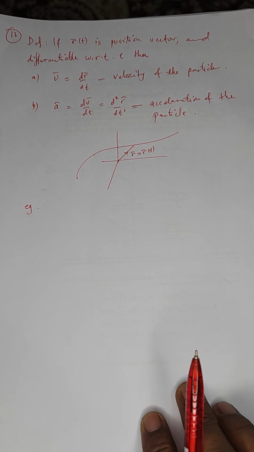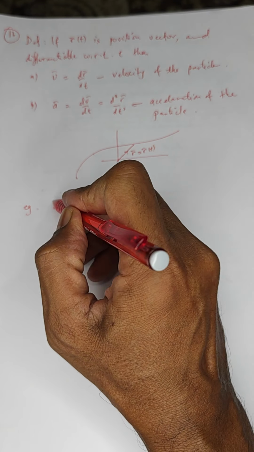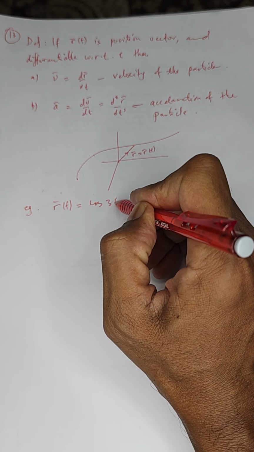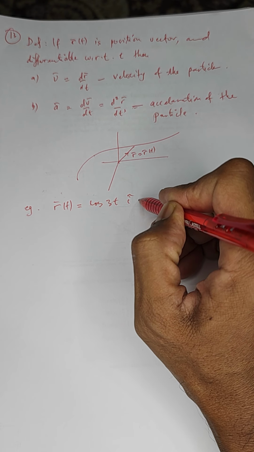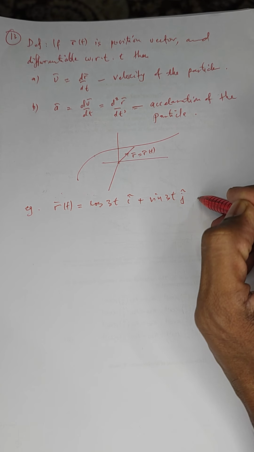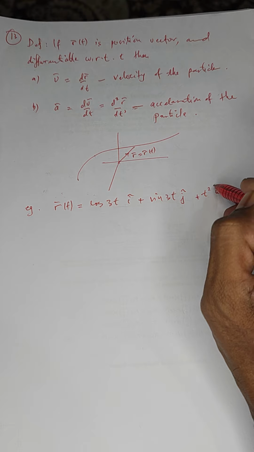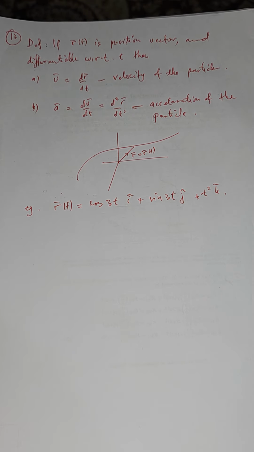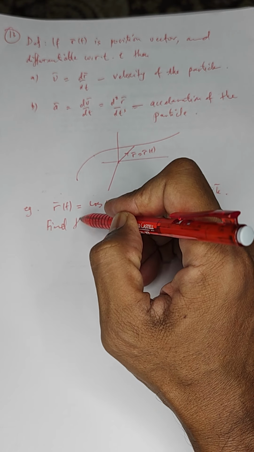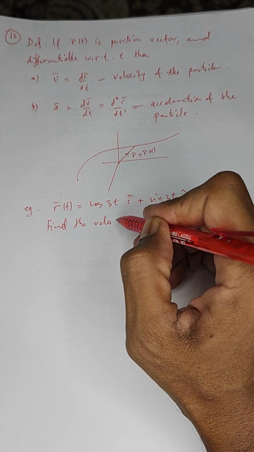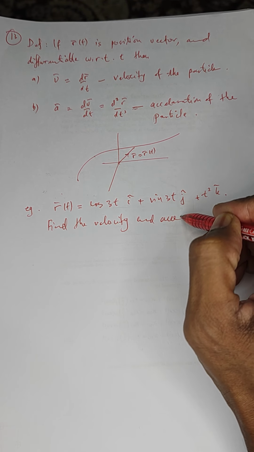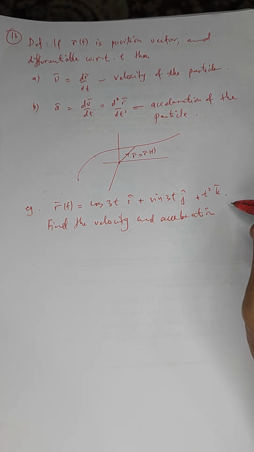So let's consider the position vector r(t) = cos 3t i + sin 3t j + t² k. Find the velocity and acceleration vector.